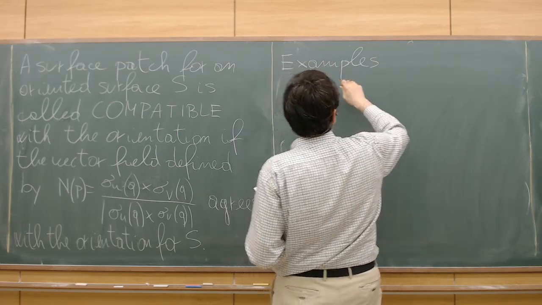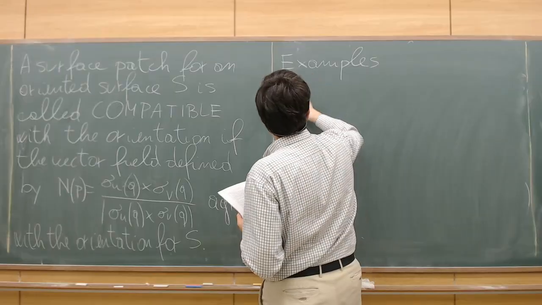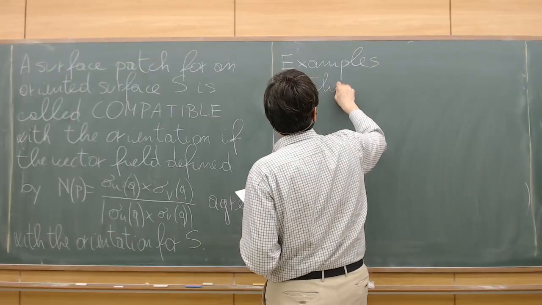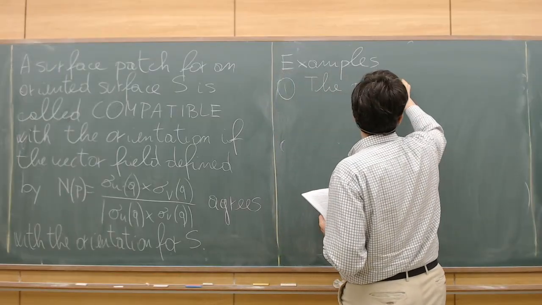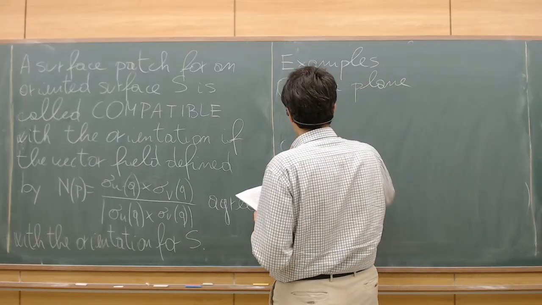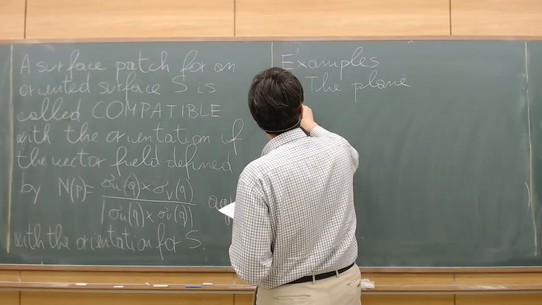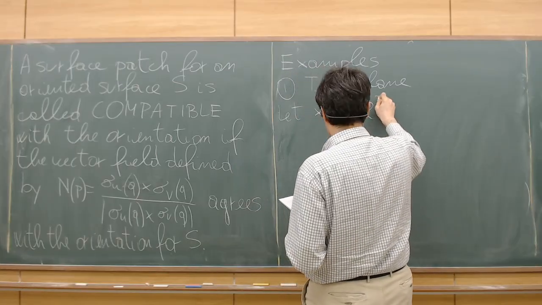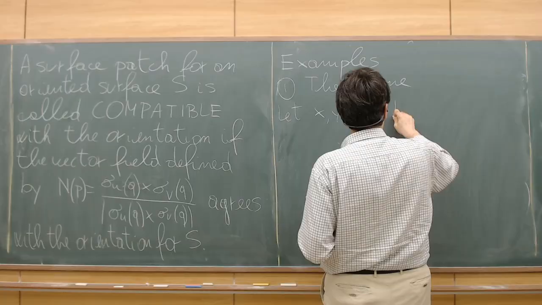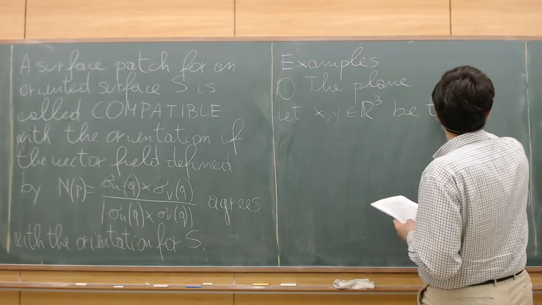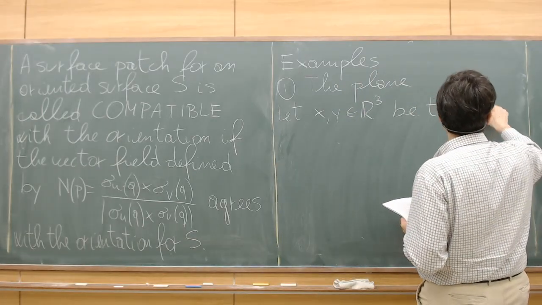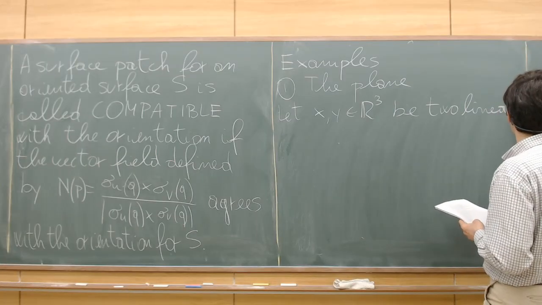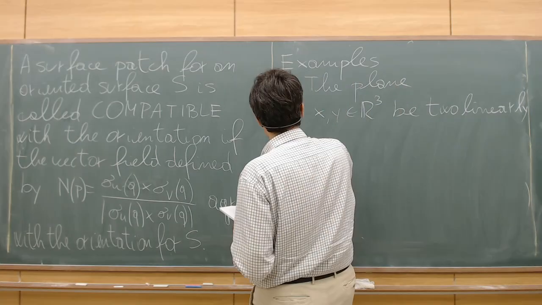So the first example is the plane. So let x, y in R3 be two linearly independent vectors.